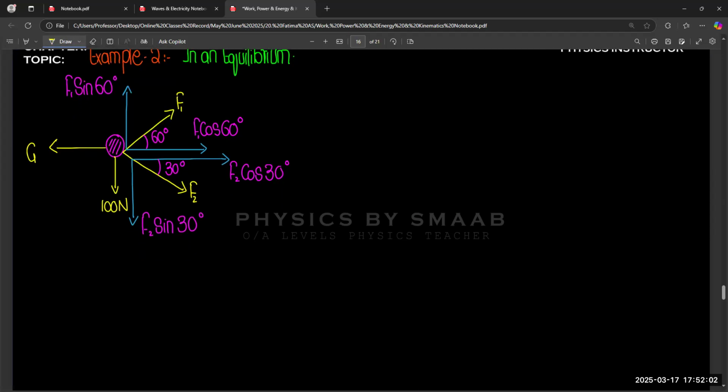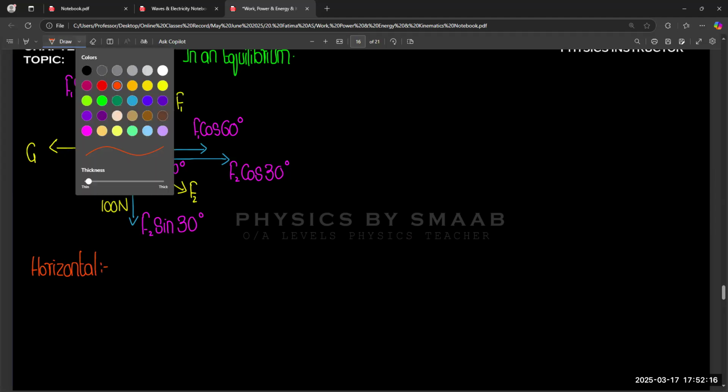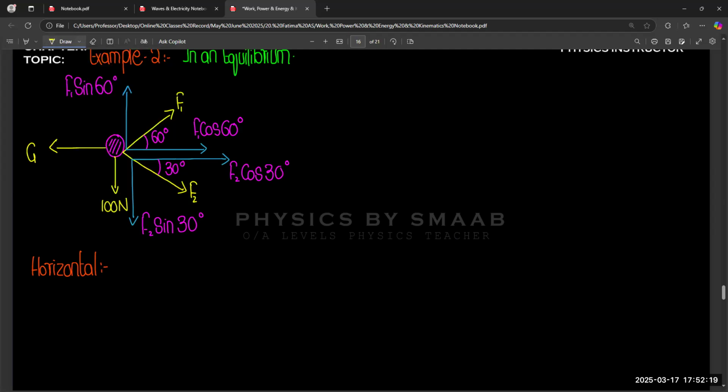So from this diagram, we can conclude some results. For example, on right hand side, we have two forces. If we talk about horizontal components only, so on horizontal components, we have value of G on left hand side is equal to F1 cos 60 plus F2 cos 30.